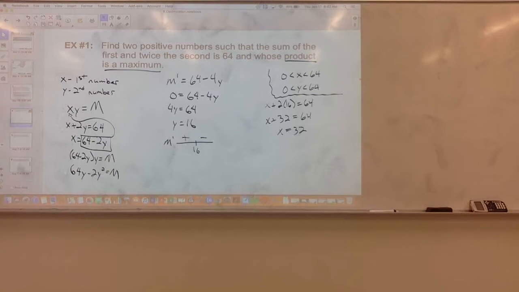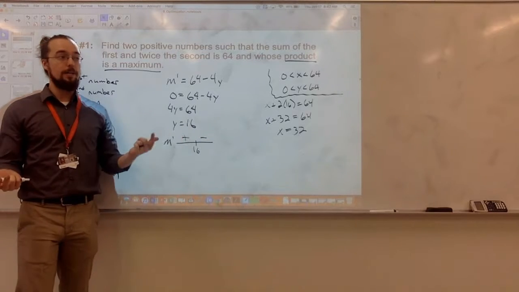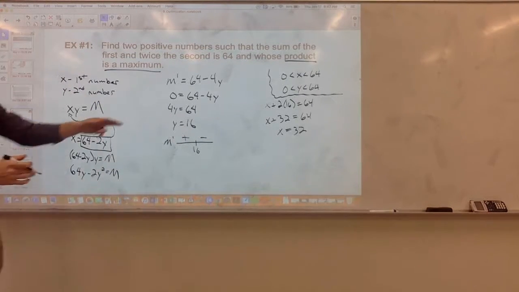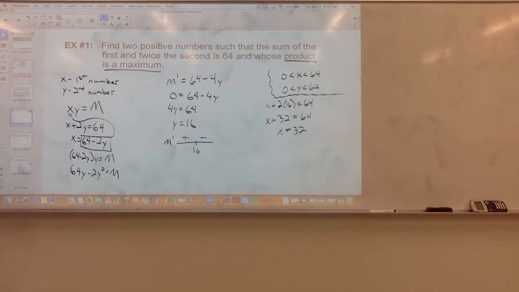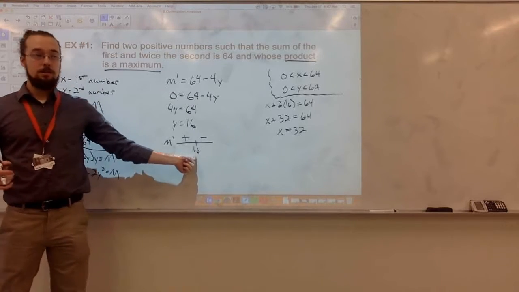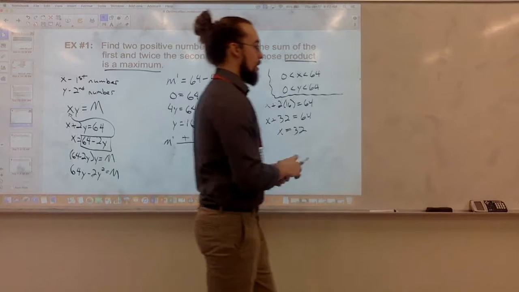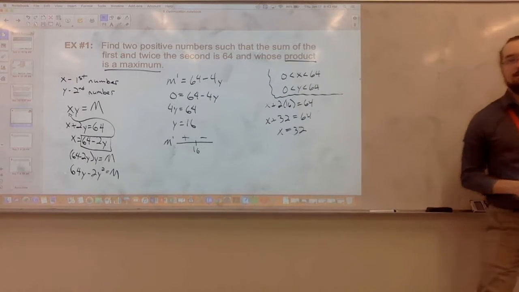There will be some problems, however, where we may get a negative critical point, and we would be able to throw that out immediately because we know everything has to be greater than 0. We'll also look at a couple of problems where this critical point we got was a min, and we were looking for a maximum. In that case, we would have to use our endpoints. We'll look at those examples in a second.